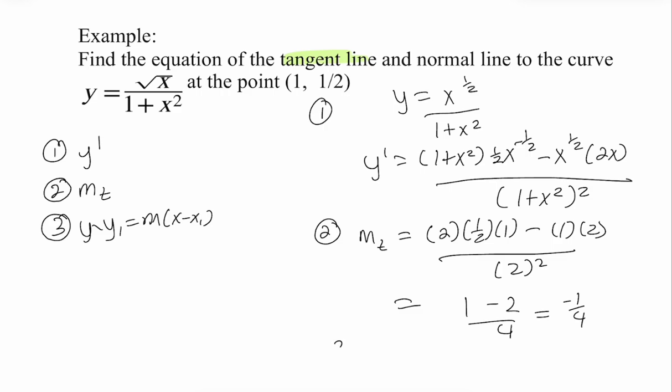Okay, so the equation of our tangent line is y minus y1 equals m times x minus x1. We're done. Now, they did say a normal line.